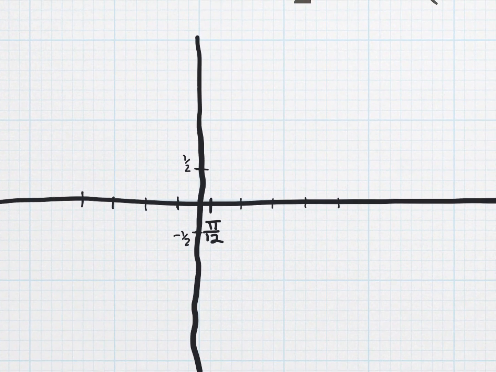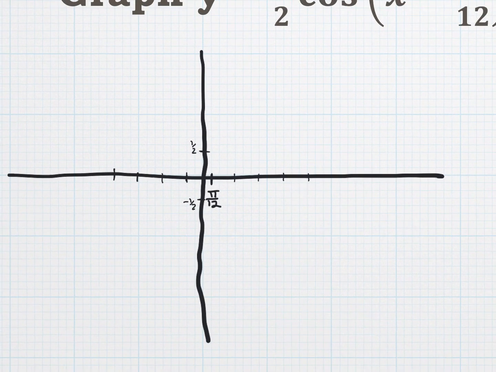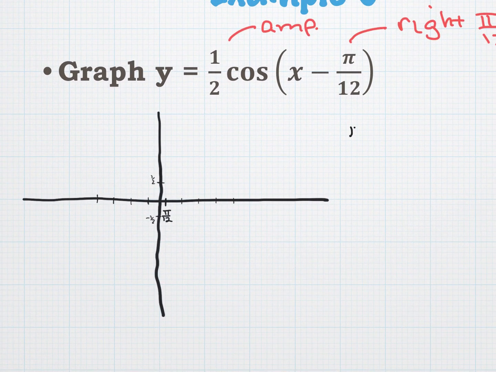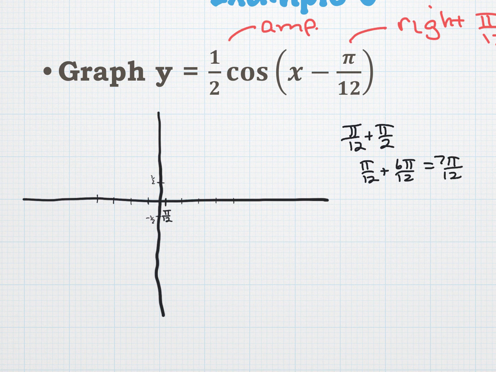So let's go ahead and do the calculation so we know what to put on each one of these little marks. Again, I'm taking the pi/12, which is my starting point, and I'm adding pi/2. I need to find a common denominator. It's going to be 12. 6 pi/12 gives me 7 pi/12.